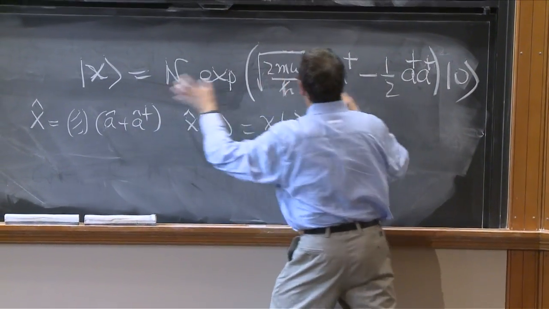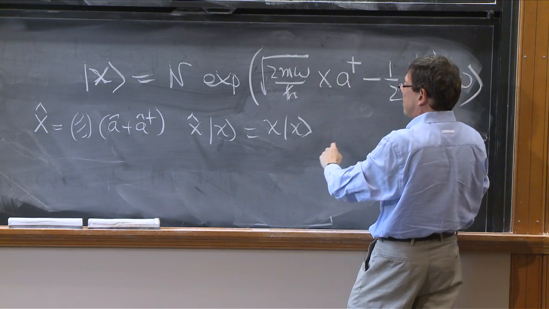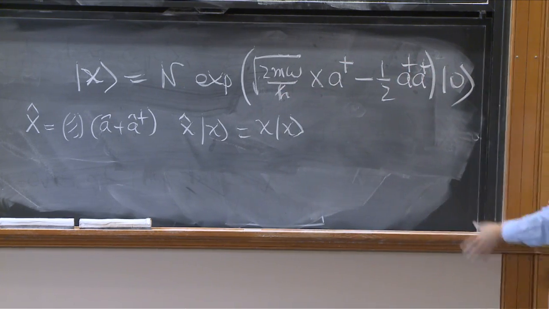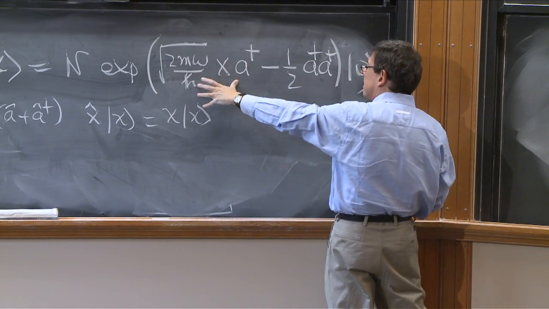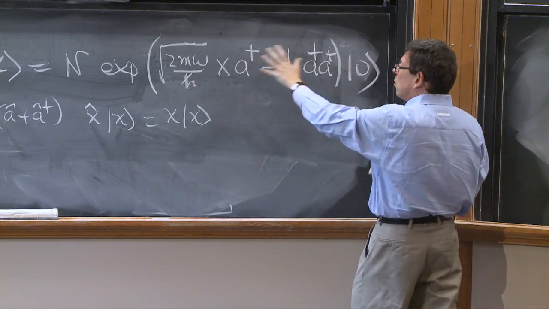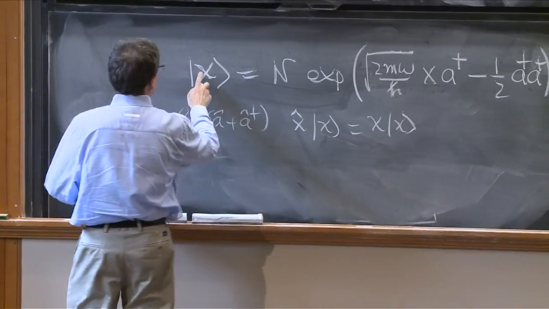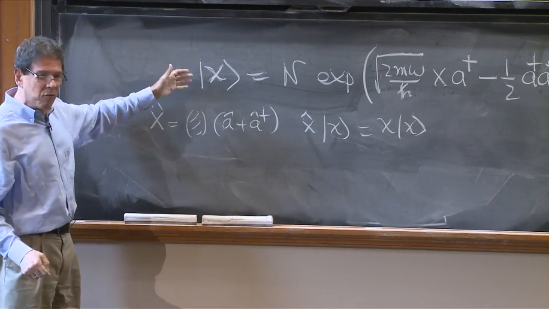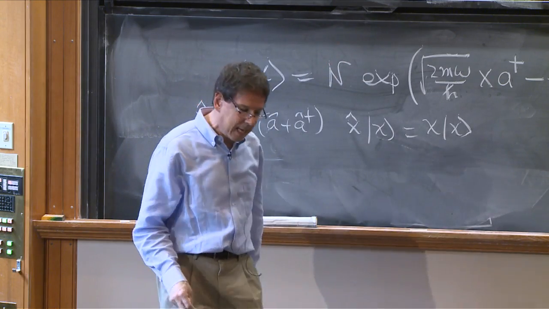But the a with this part is just going to bring down an x with the right factor. So this state, which is a squeezed state and a little bit of a coherent state as well, is producing the position eigenstate. In the harmonic oscillator, you can really construct the position eigenstate, and you can calculate the normalization.